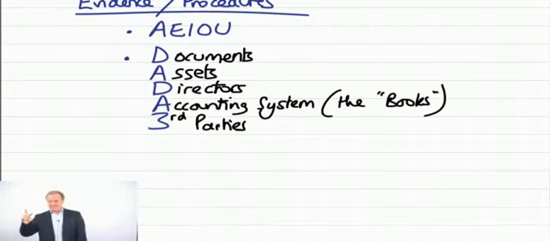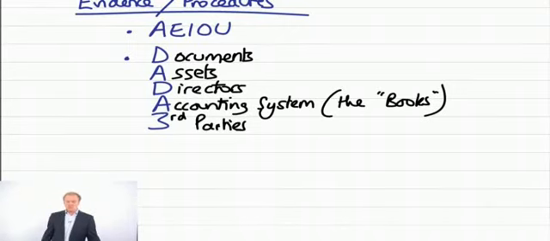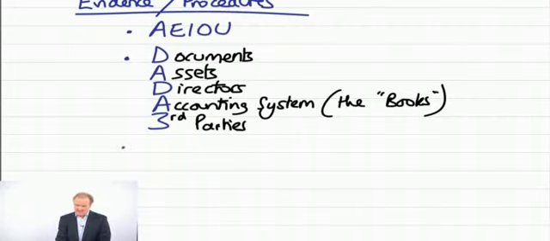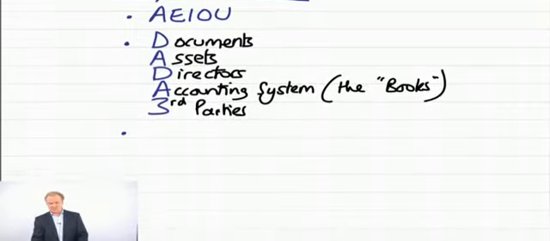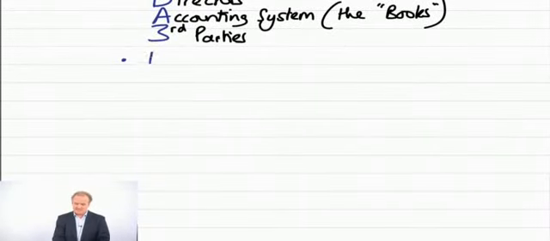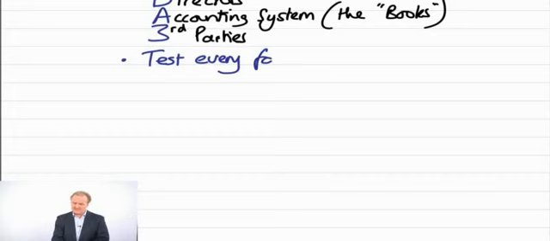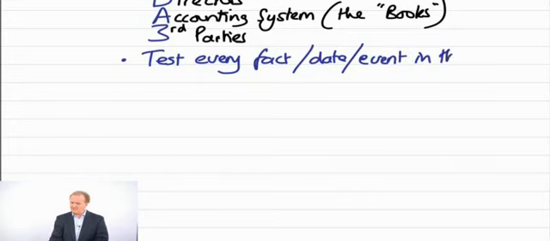But when you get a matters and evidence or matters and procedures question, there is normally a little story. And I find that another way of getting the evidence or the procedures is simply to test every fact, every date, every event in the story.